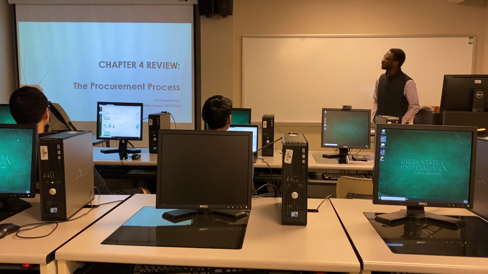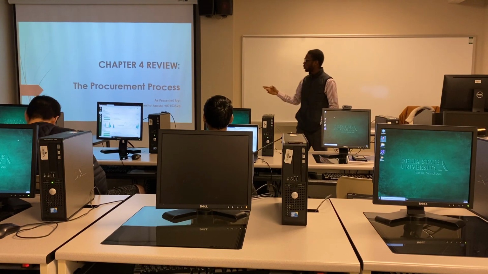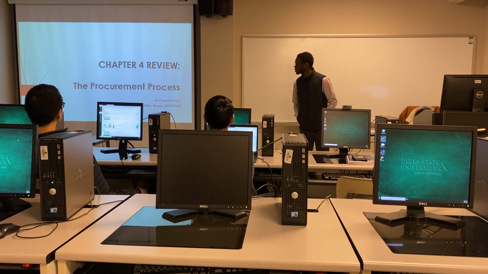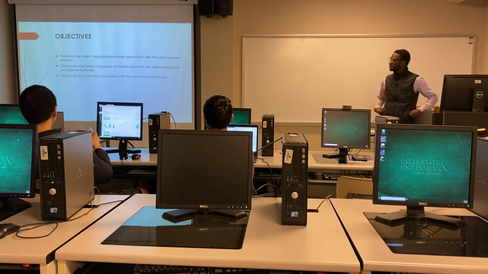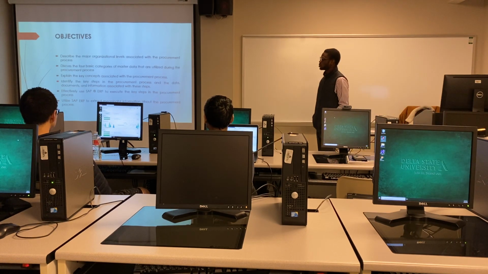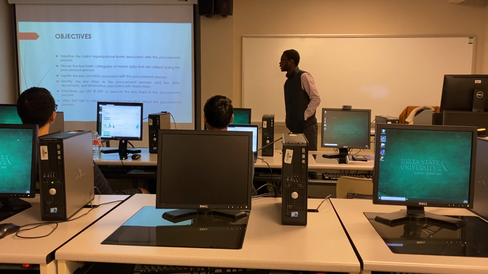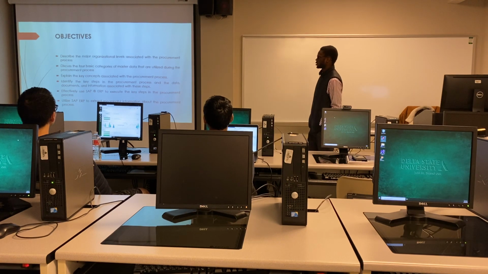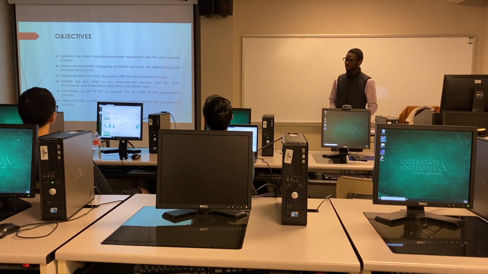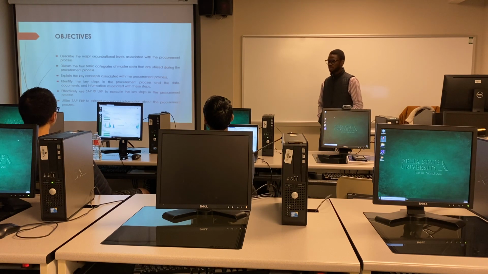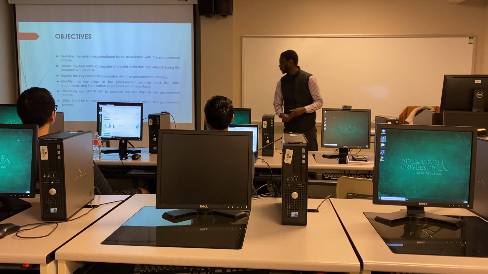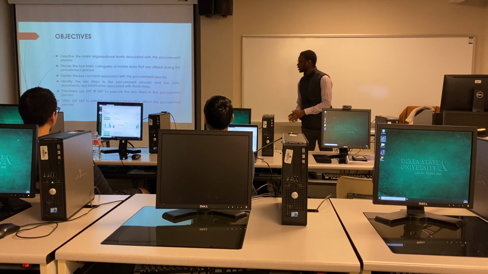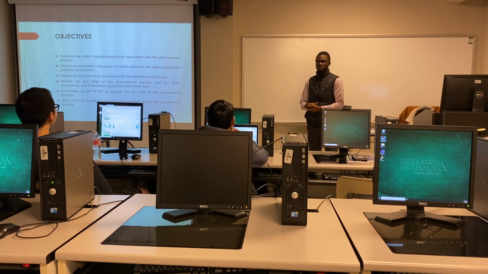We'll be doing a review of chapter 4, which is the procurement process. These are the objectives that we're trying to achieve. We have to be able to describe the major organizational levels associated with the procurement process, discuss the 4 basic categories of master data that are utilized during procurement, then explain the key concepts associated with the procurement process, identify key steps in the procurement process, and the data, documents, and information associated with the 3 steps.